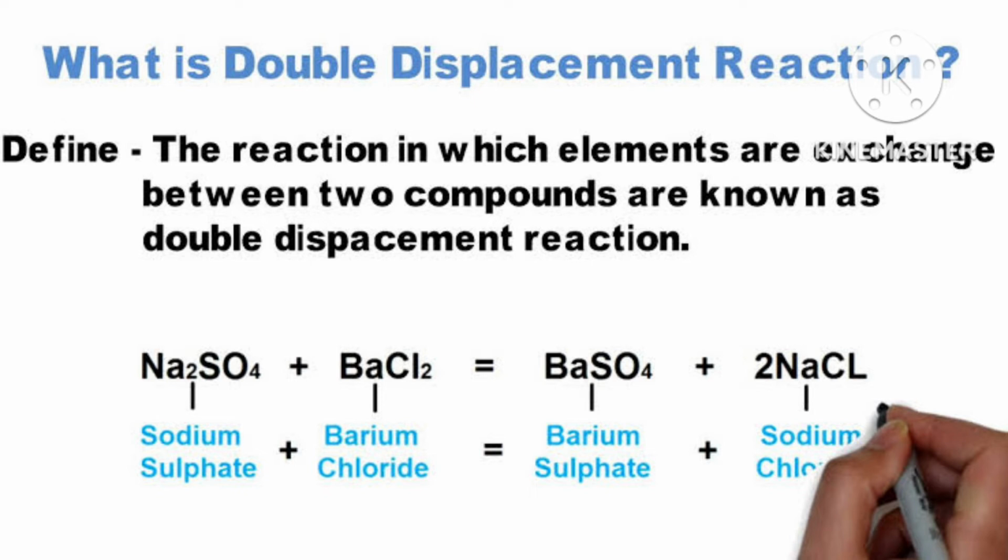Chloride ion will be oxidized to Cl2, bromide to Br2, and I minus to iodine. As fluorine is the strongest oxidizing agent, fluorine can displace all three.